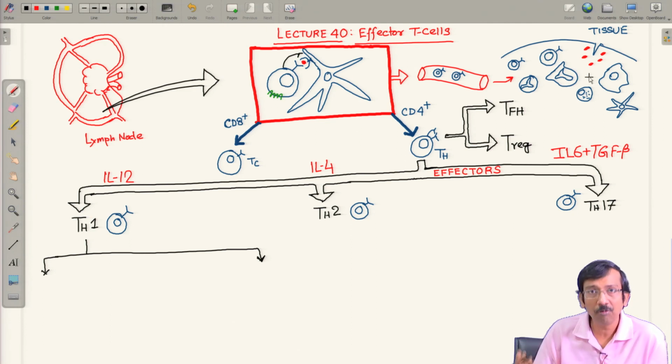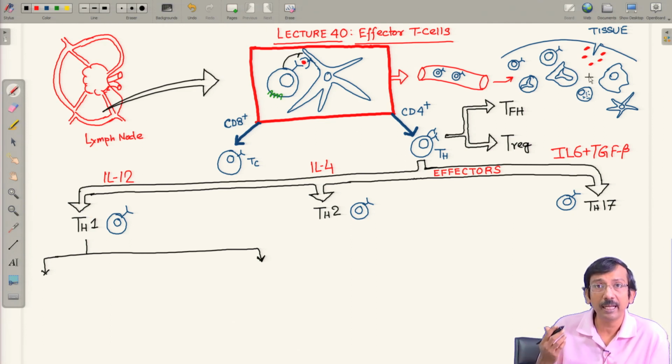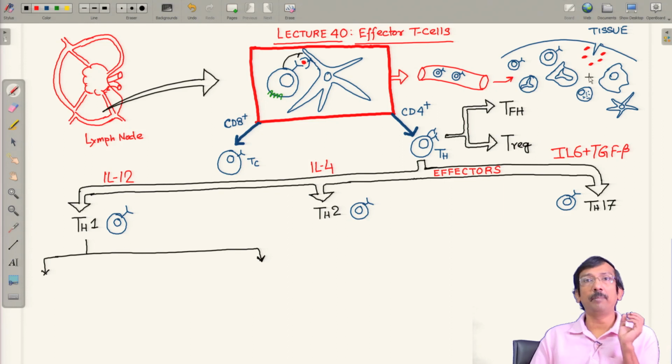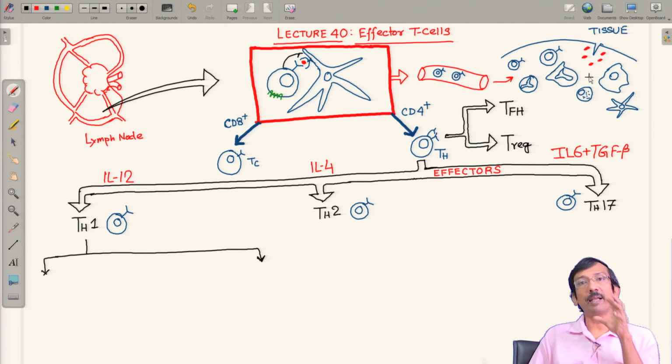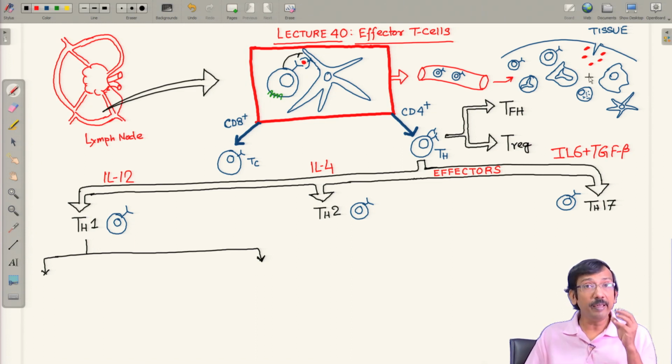So, now these macrophages can engulf the bacteria. Once these pathogens enter inside, the cells of the innate and the cells of the adaptive system, for example these Th1 cells, can help in activating the macrophages to become cytotoxic.